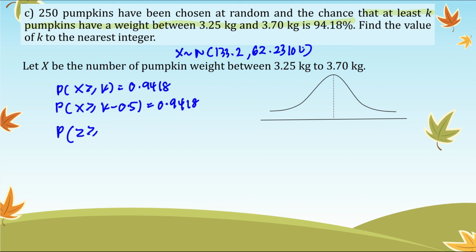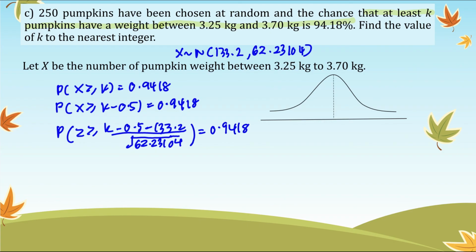Standardize before we can use the standard normal table. Minus with mean, then divide with square root of variance, divide by standard deviation.